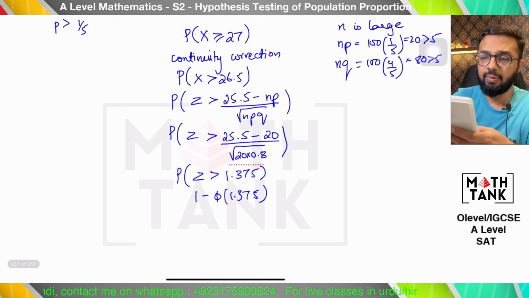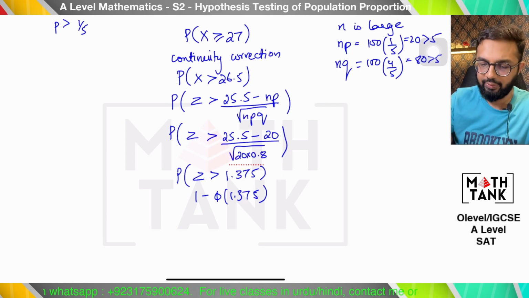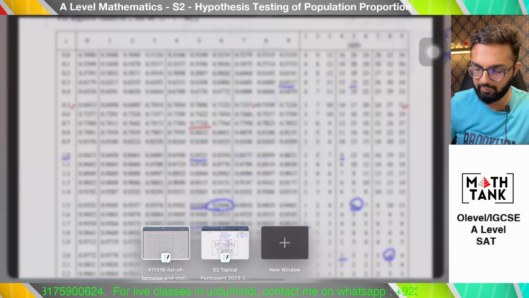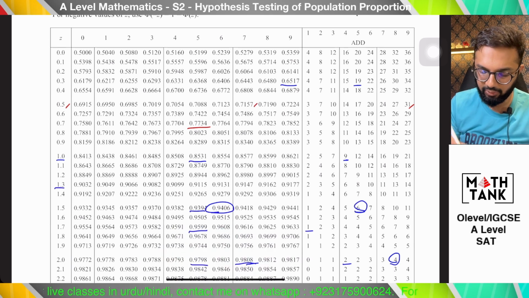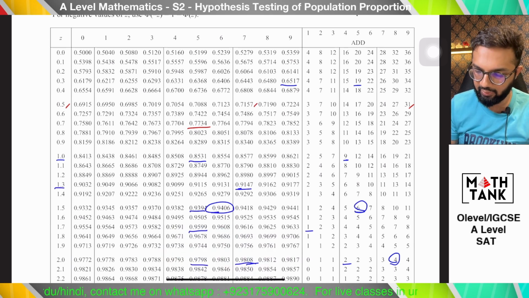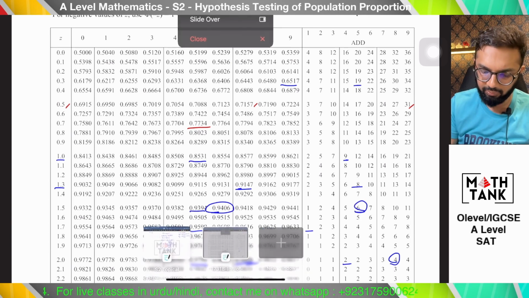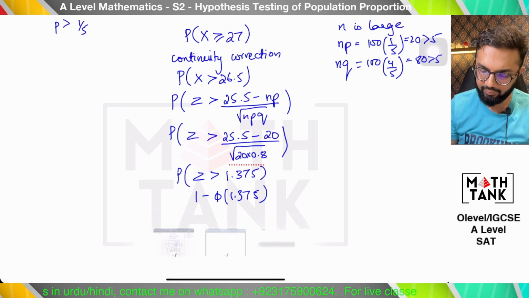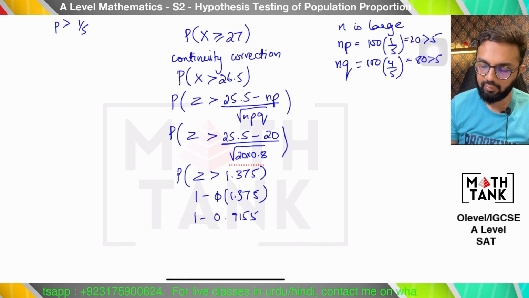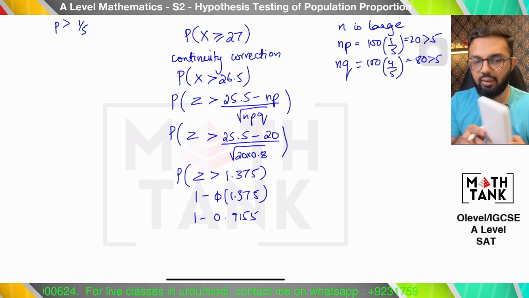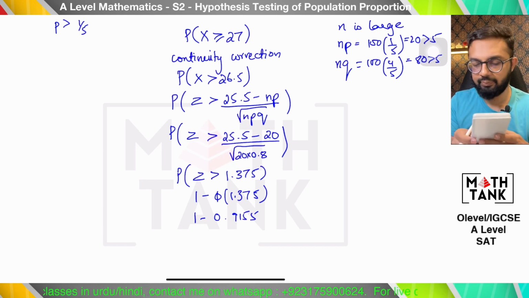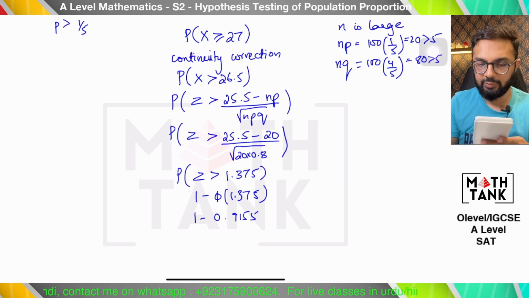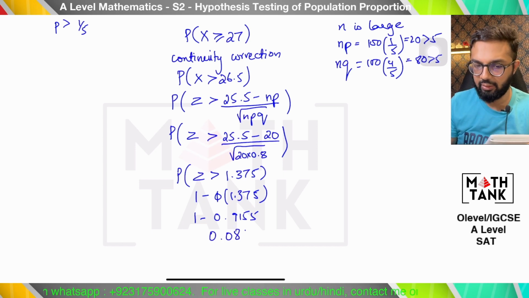I don't know why the answer is missing here, but let's just quickly go to our table. 1.375, 1.37 and 5. 0.9155. So that gives me 0.0845.